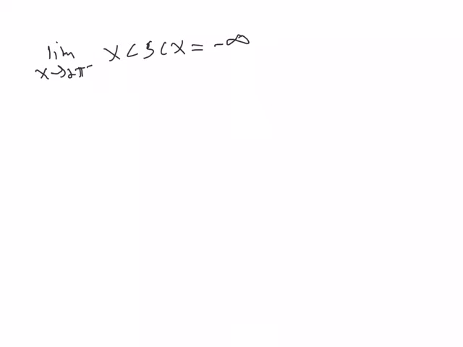So the next problem we're going to do is an interesting one. Okay, this is problem 34, and it asks find the vertical asymptotes.